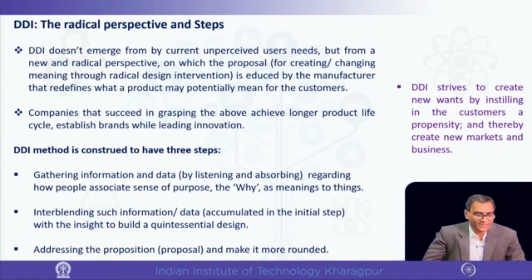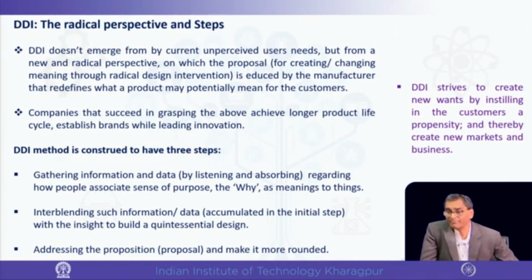This is called meanings of things. Interblending such information or data accumulated in this step with the insight to build a quintessential design, and then to create a more rounded proposition, is the third step.